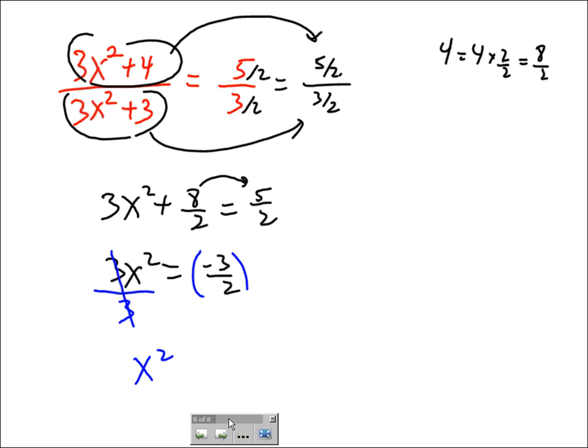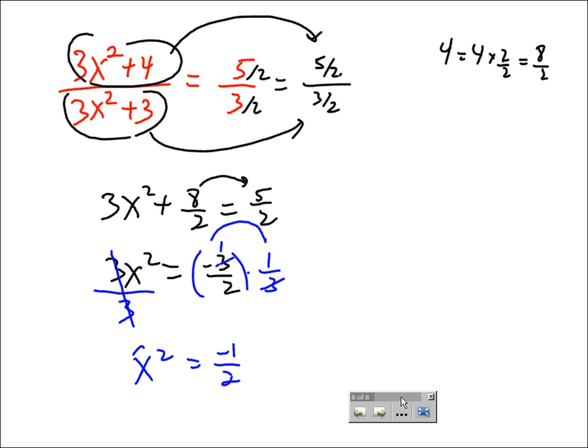But I don't want to divide that fraction by 3, so I can always multiply by the reciprocal. And 3 goes into 3 one time. Negative 1 times negative 1 is negative 1 over 2. Now, no number when you square it will give you negative. So in this case, there's no solution.